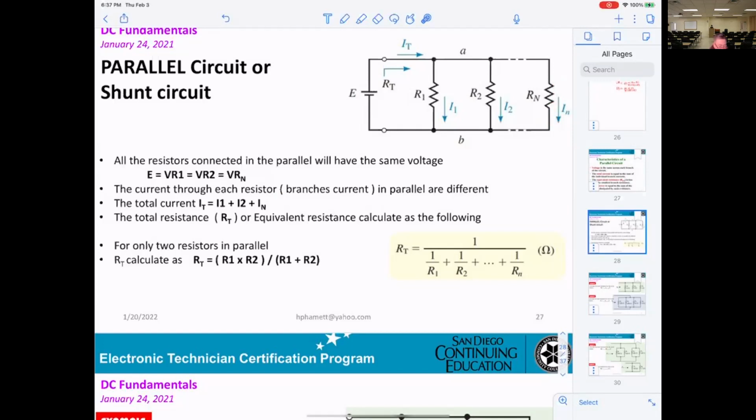Okay. Now, total resistance. What do they mean by total resistance? Normally, you get this circuitry. They want to convert it into a circuitry with only one source and only one resistor.